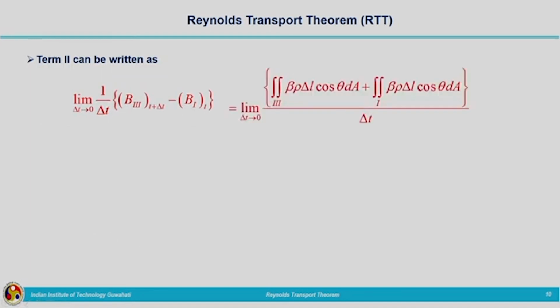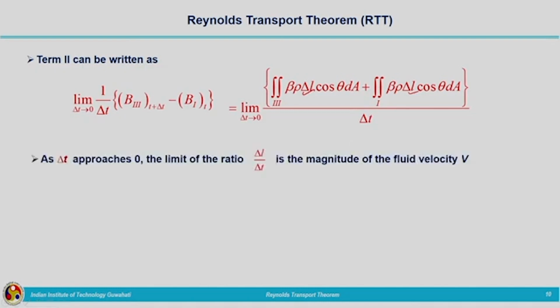So, term 2 is this, and we have written the expression like this. Now, look at the numerator, we have delta L and in the denominator delta T. So, the limit delta t tends to 0 of delta L by delta t, what is it? Length divided by time, and as delta t tends to 0, it is nothing but the magnitude of the velocity.